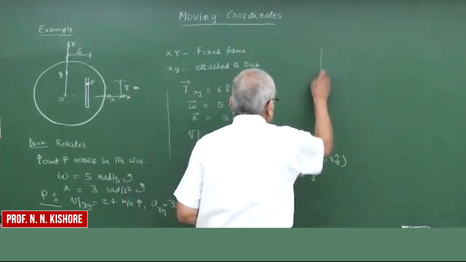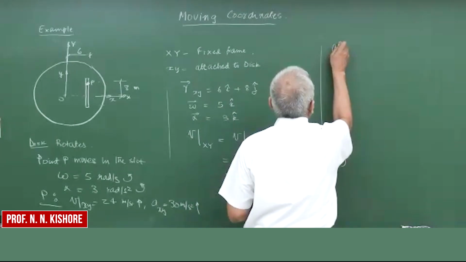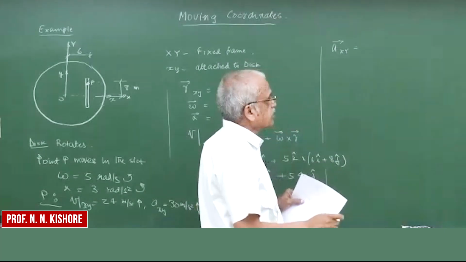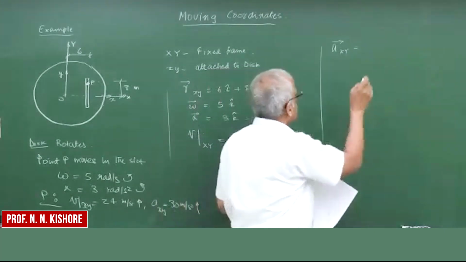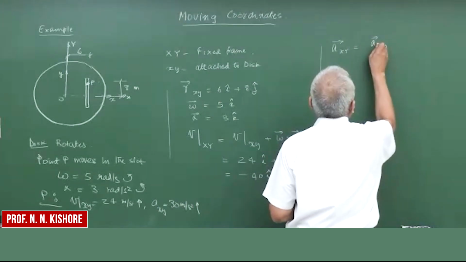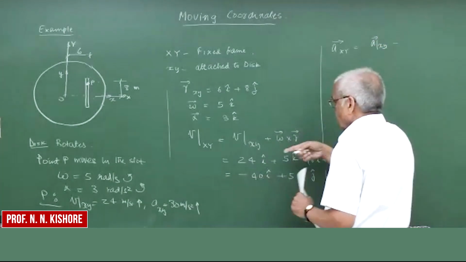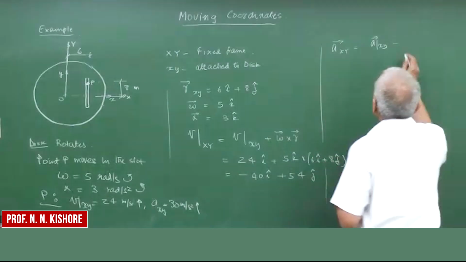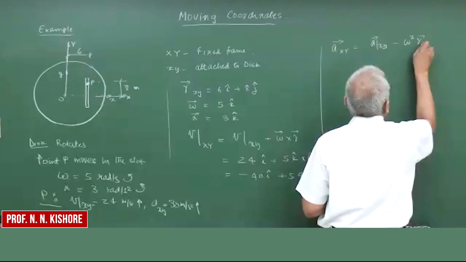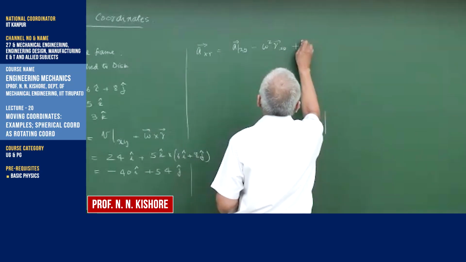And similarly, we can also do the acceleration. So we just faithfully follow: the acceleration with respect to the fixed frame is nothing but the acceleration as observed in the small xy frame plus, since I could have written omega cross omega cross r, but otherwise I can also write it as omega square r, and we have alpha.